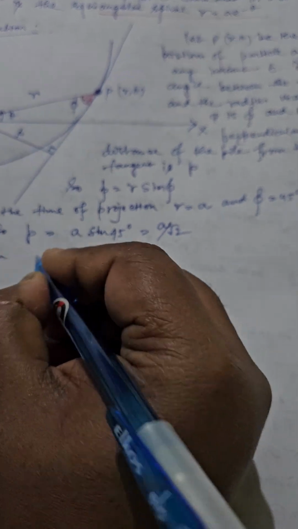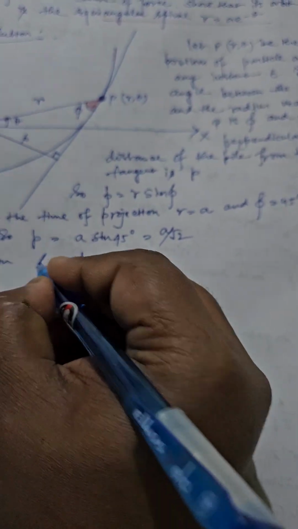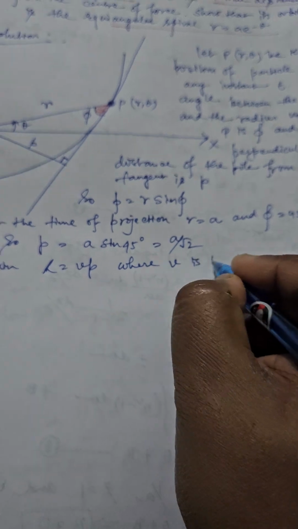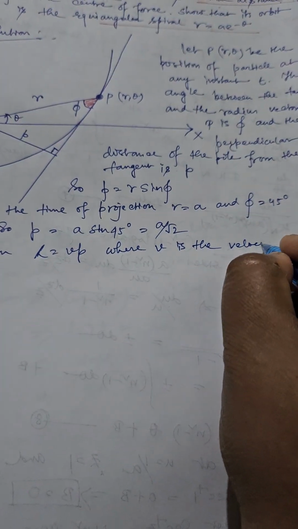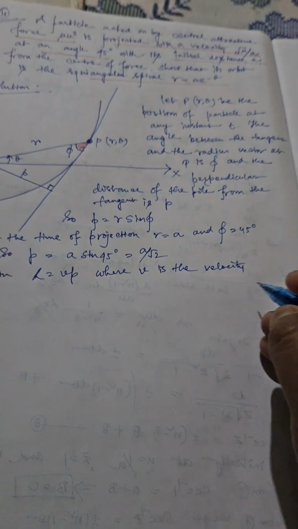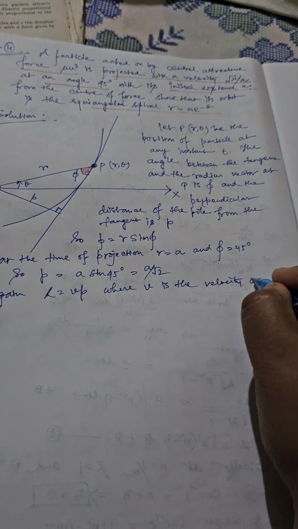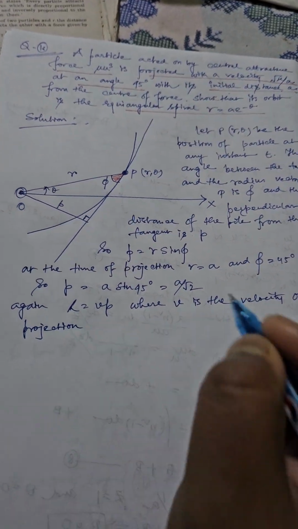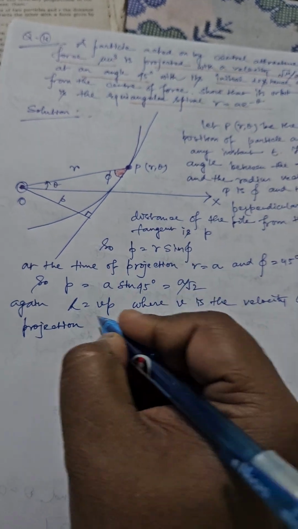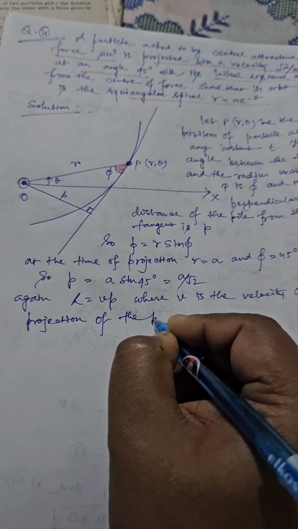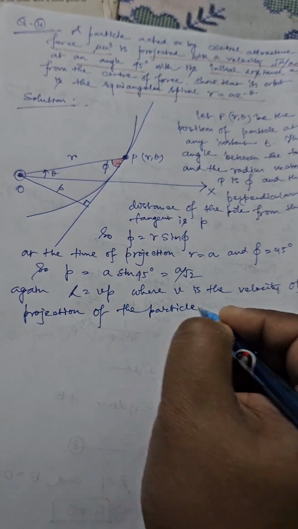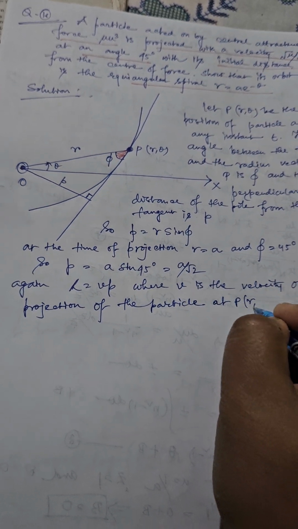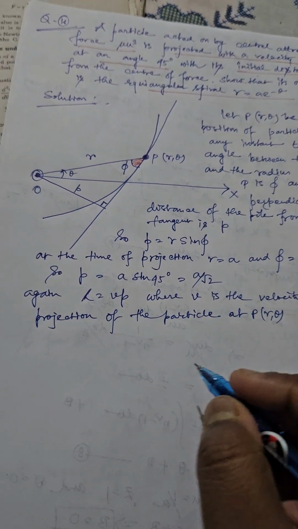Again we have a criteria h equals to Vp, where v is the velocity of projection of the particle at P. Coordinate of P is r comma theta.